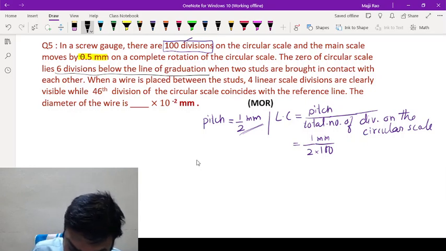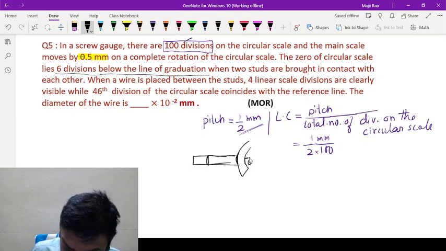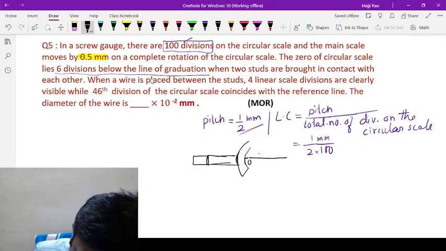So as you know, students, in a screw gauge, when the two studs are brought together, the zero should coincide with the line of graduation, or you can call it the reference line.